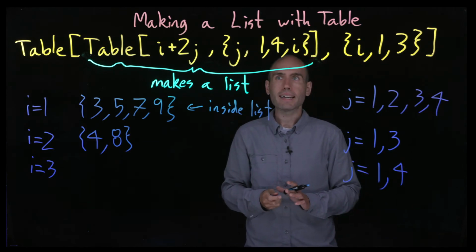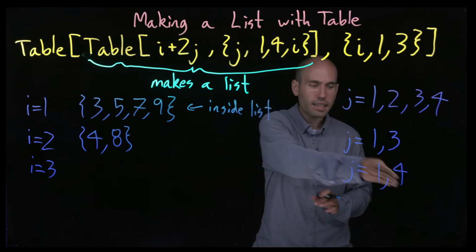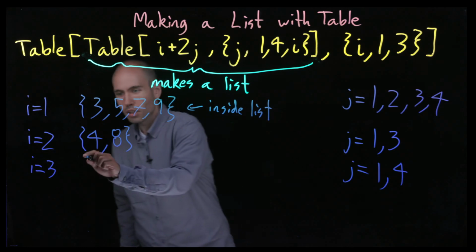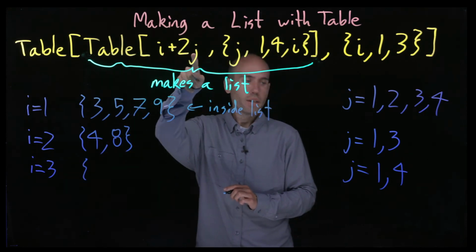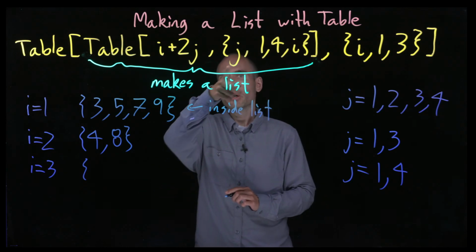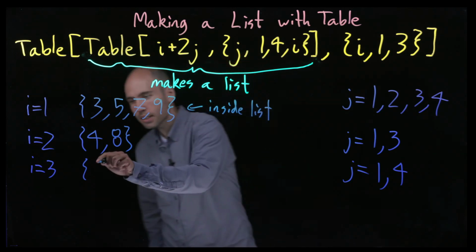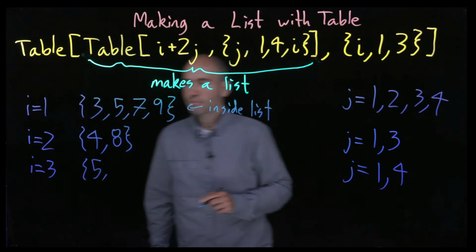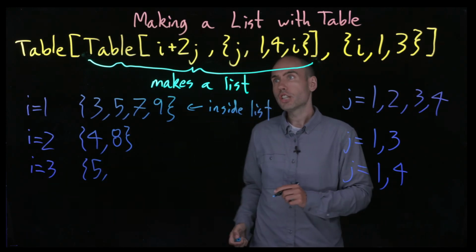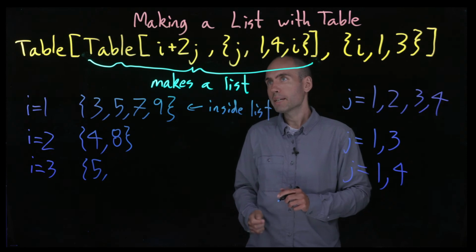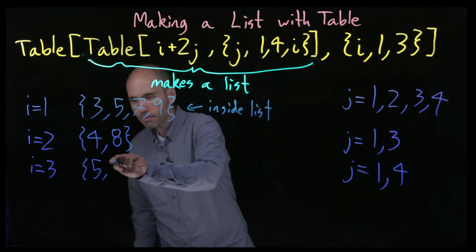Same in Mathematica. So here I have i equals 3, j equals 1. So 3 plus 2 times 1, so I have 5. And then I have i equals 3, j equals 4. So I have 3 plus 8, so I have 11.